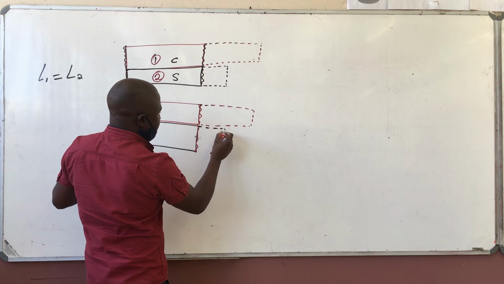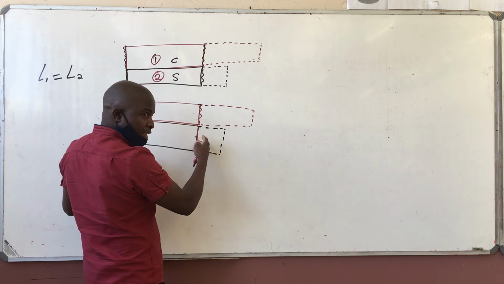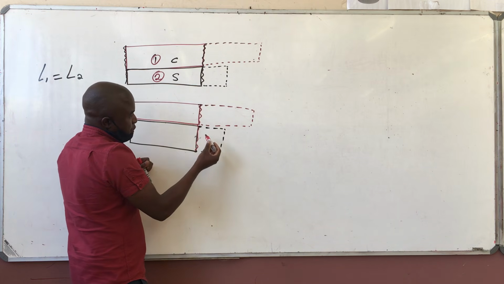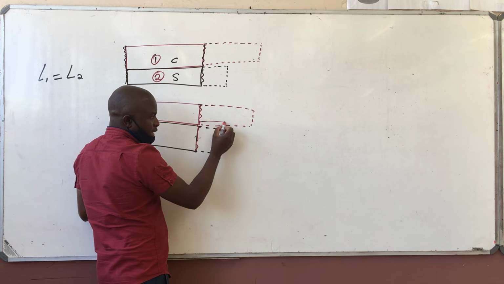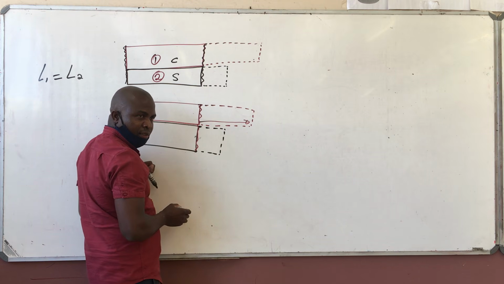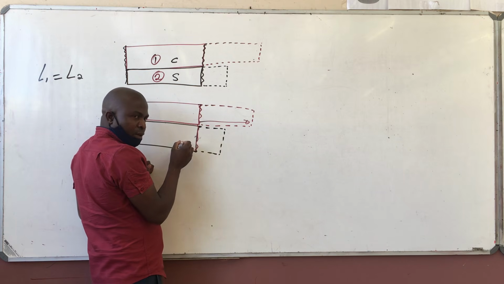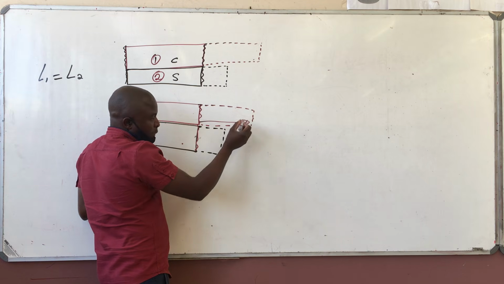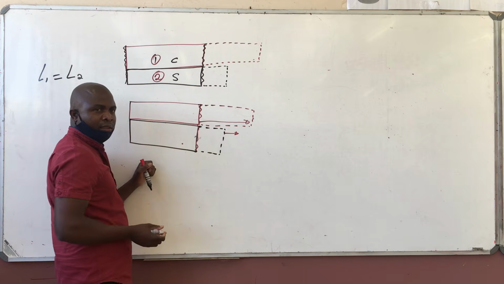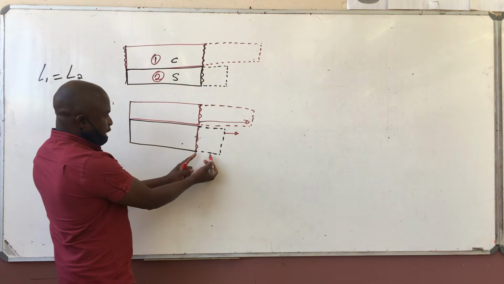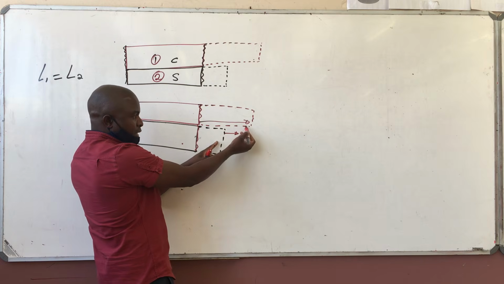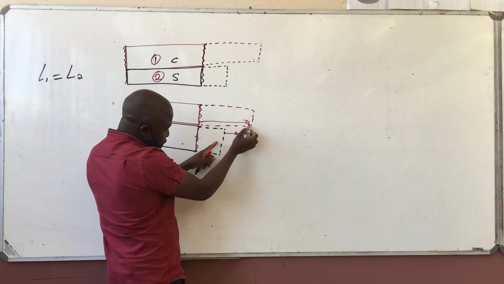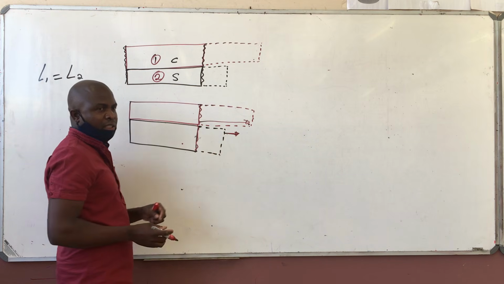As this one is trying to expand to this position and is going together with this one, it will be pulling this one in that direction. So this one will expand up until here, and this still continues to expand, so it will push that one in this other direction.